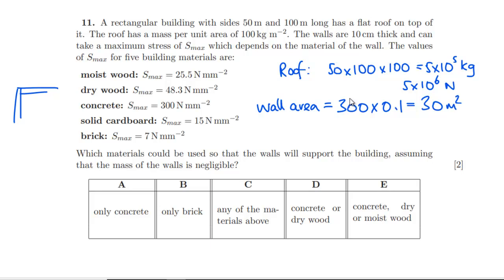And I've given it in millimeters. Millimeters squared. Right, so that's going to be multiplied by 10 to the 6. So that's 3 times 10 to the 7 millimeters squared.